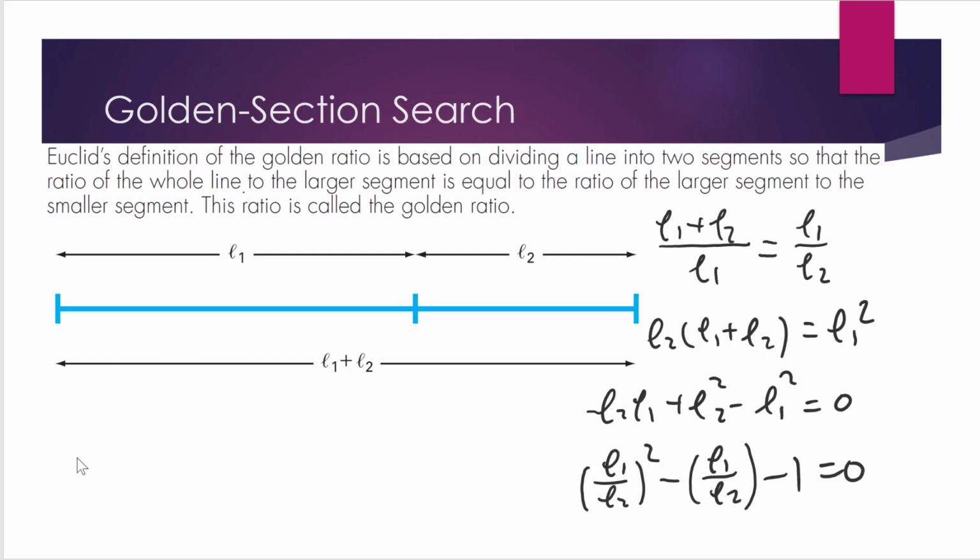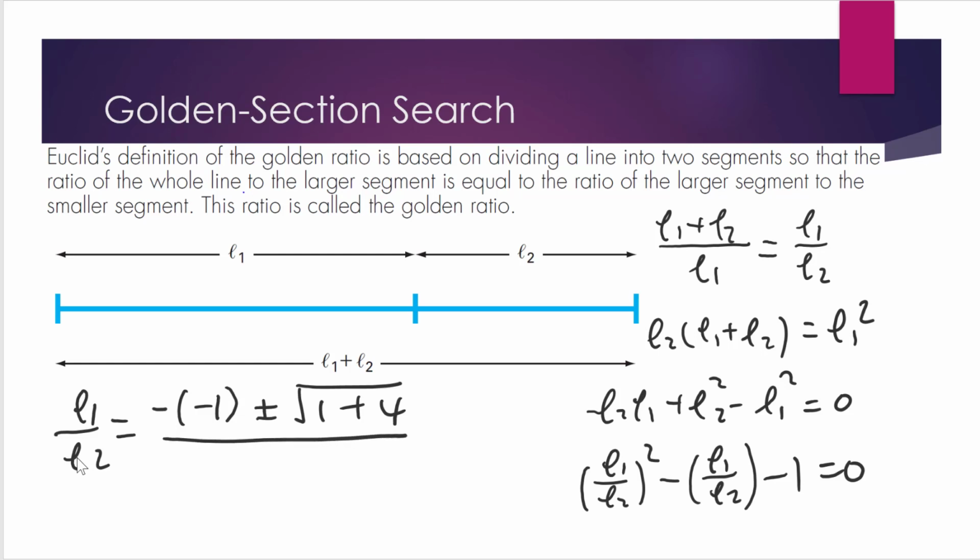Then we can use the formula to find the root of this second order equation. So L1 over L2 will be equal to negative 1 plus or minus the square root of 1 plus 4, over 2. Just use the root formula to find the root.